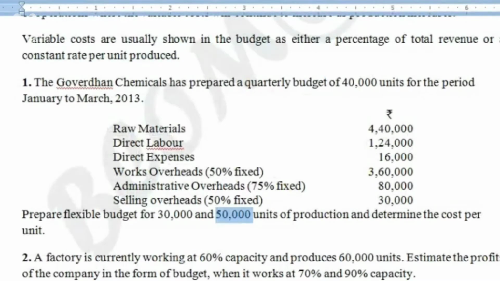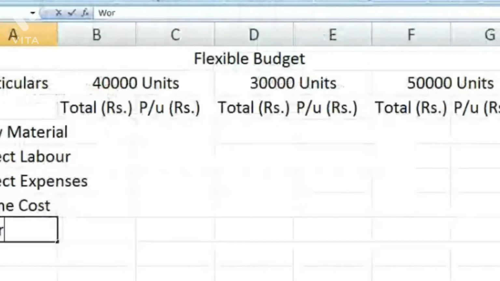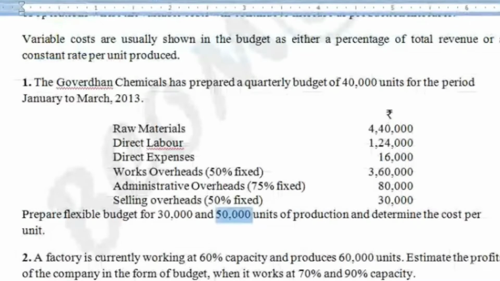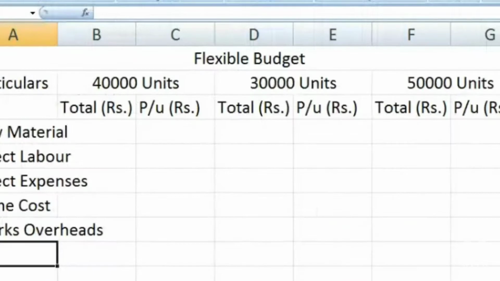Then works overheads, and works overhead is divided into two parts: 50% fixed and 50% variable.